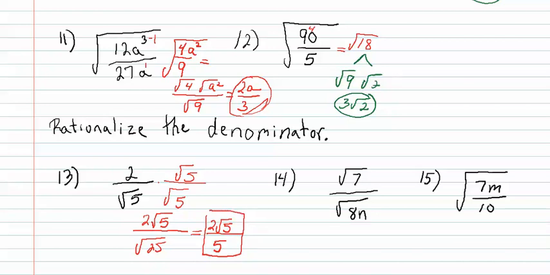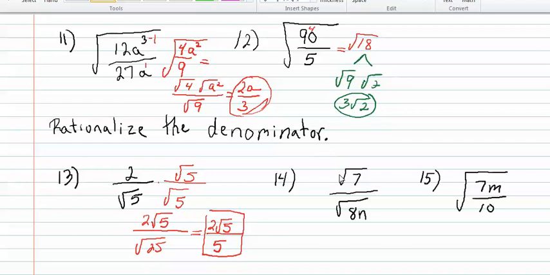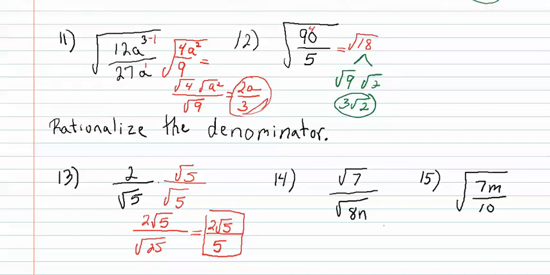Okay, the next one. I have 2 separate radicals here. I have a radical 7 at the top, and can I do anything with radical 7? I can't simplify it. Then I have a radical 8 at the bottom, and I can't simplify that. So then I look and I say, okay, I need to rationalize the denominator.